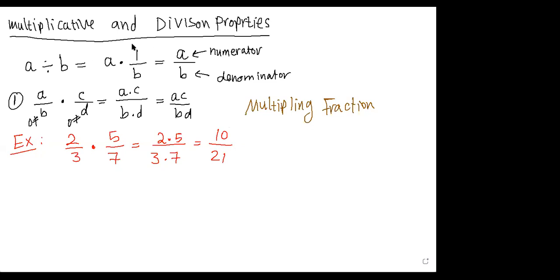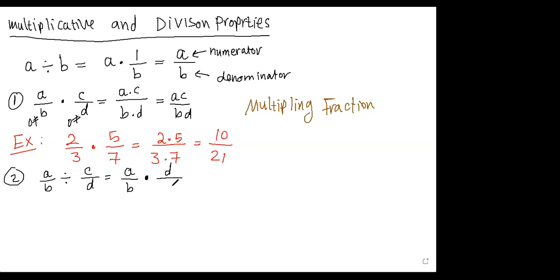Second one. It says A over B divided by C over D. For this property, we keep the first fraction, A over B. We change the division to multiplication, and we flip the second fraction.